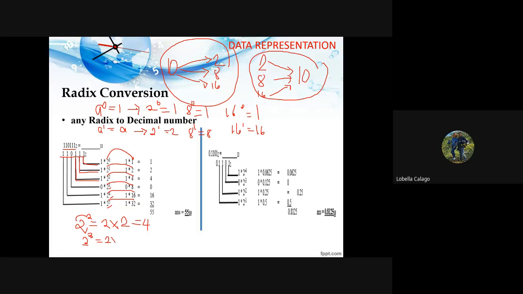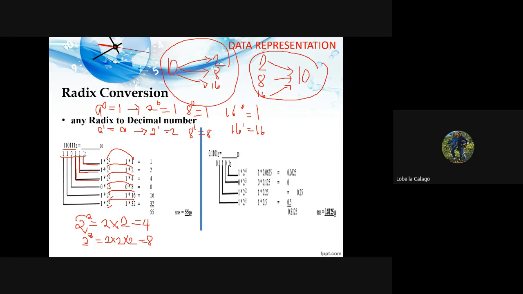So, 2 times 2 times 2. So, 3 beses po si 2. And answer is 8. And so, with the 2 raised to 4, 4 na beses i-multiply si 2, which gives you 16. And 2 raised to 5 is 5 beses i-multiply si 2, which gives you 32.